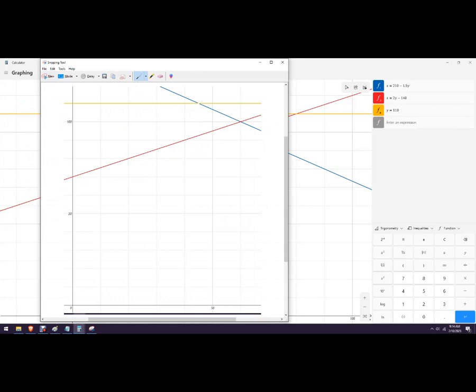Now the sellers are only going to sell this many units, and we know from earlier that that's 45. So now our producer surplus is this triangle plus this rectangle. I'm going to add both of those together.